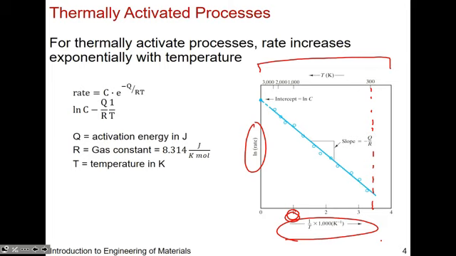So in looking at this plot, if you treat this as y equals b minus mx, you could see where the linear relationship comes from, where x is inverse temperature, 1 over T, then your slope m is your activation energy divided by the gas constant, and it's the negative of that, so it's a negative slope.